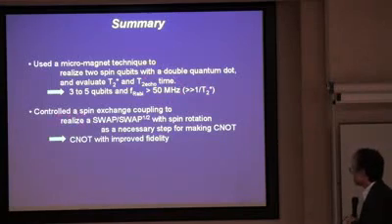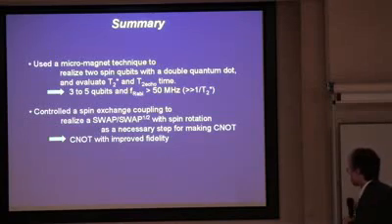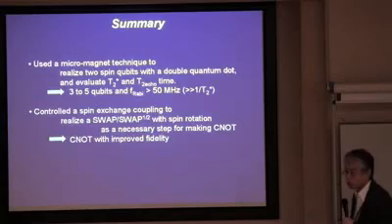And then we also control the spin exchange coupling to realize the swap and square root swap gates together with spin rotation, as a necessary step for implementing a controlled-NOT gate. The controlled-NOT gate is not yet done, but we are interested in making a controlled-NOT gate with improved fidelity. Thank you very much.